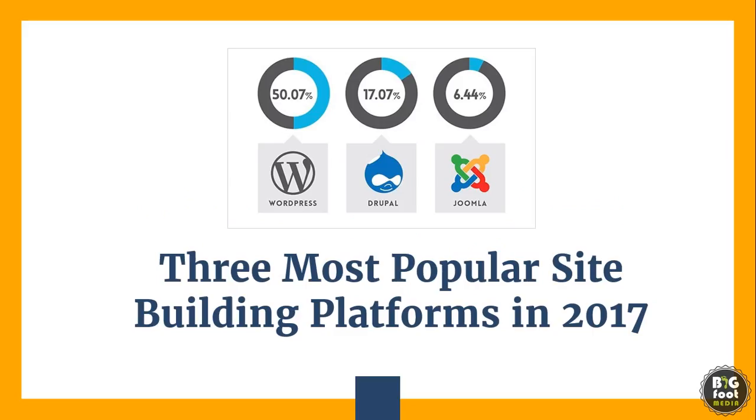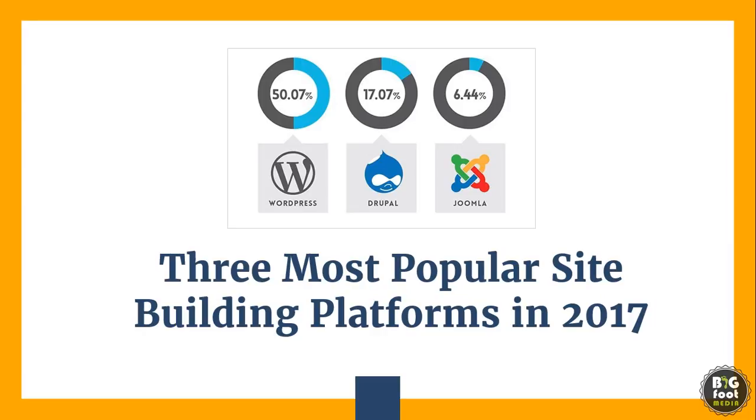We have three popular platforms which we use for developing websites: WordPress, Drupal, and Joomla. You can see 50% of websites are built on WordPress, 7.07% on Drupal, and 6.44% on Joomla. All of these are CMS.